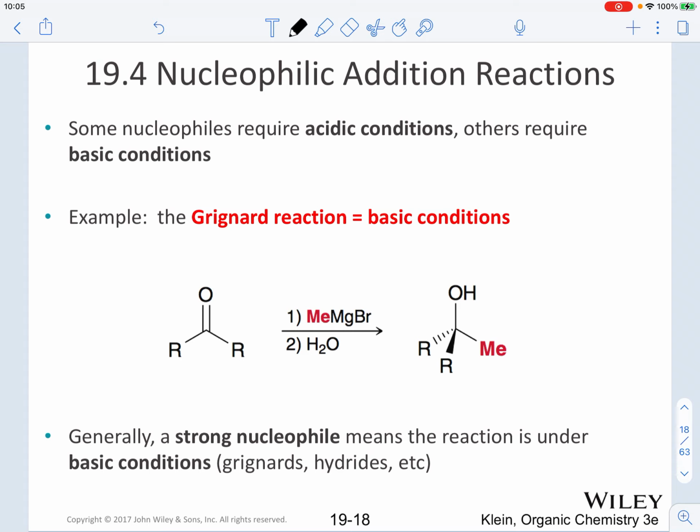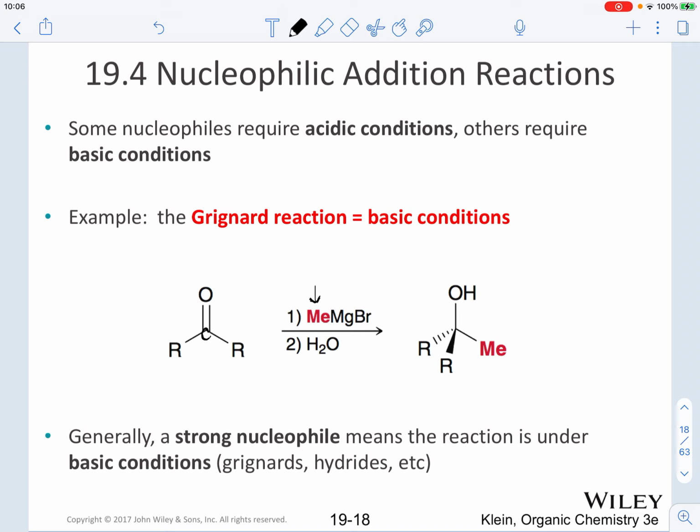Some nucleophiles that are going to be reacting with our functional groups are going to require acidic conditions. Others are going to require basic conditions. So, one example of a nucleophile that is going to require basic conditions is a Grignard. When it comes to the Grignard, the alkyl group is going to have a carbon anion, and it's going to add to the carbon atom in the carbonyl.